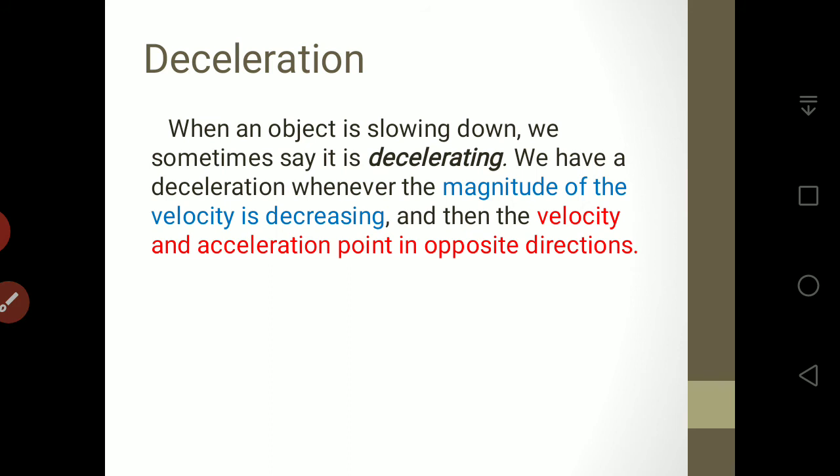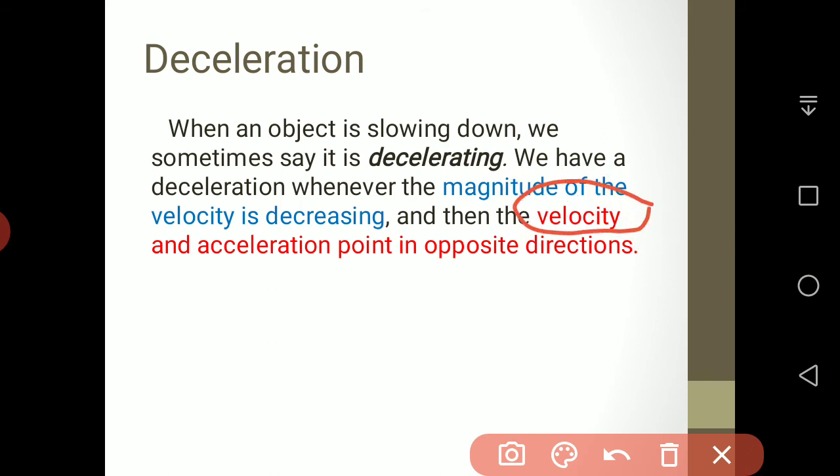So, bumababa nga yung velocity. And then, ito yung importante dito, velocity and acceleration point in opposite directions. Kasi baka iniisip natin, ang direction ba ng velocity ay yung direction din ng acceleration? Nandun ba sila palagi? Magkatapat ba sila palagi?